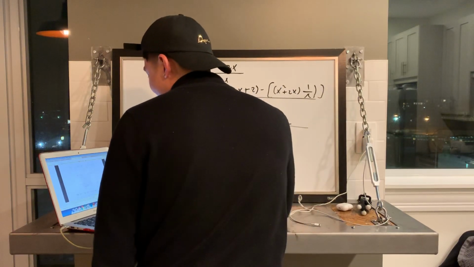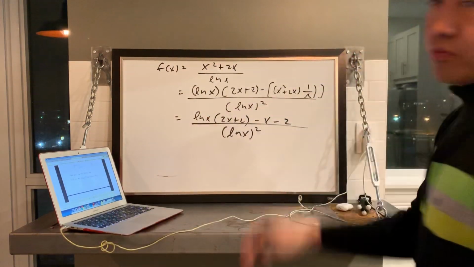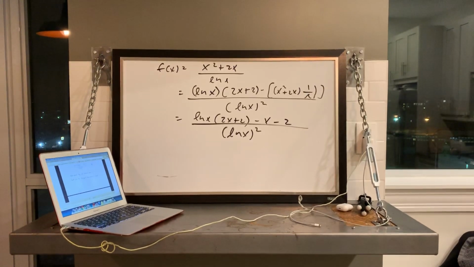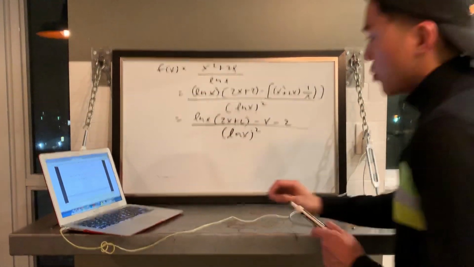Clean slate. Done. Low D high minus high D low all over low squared.